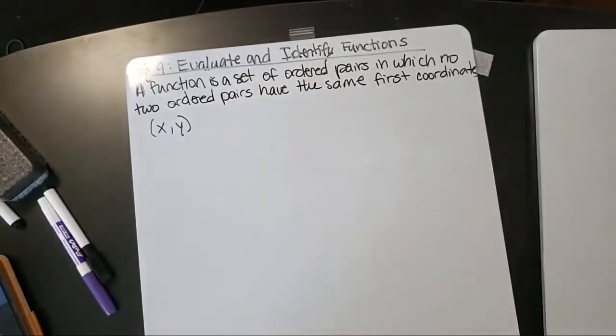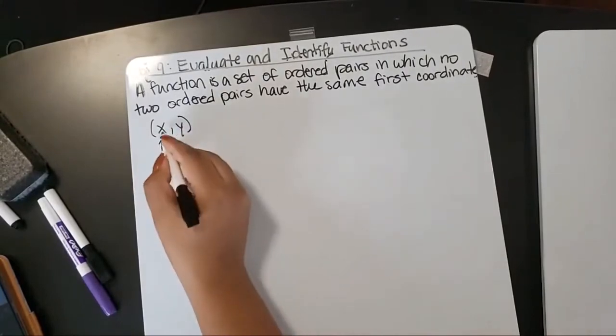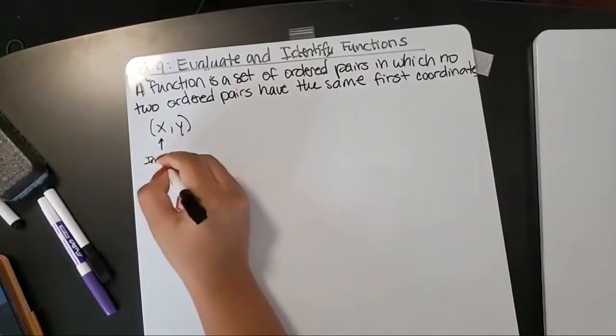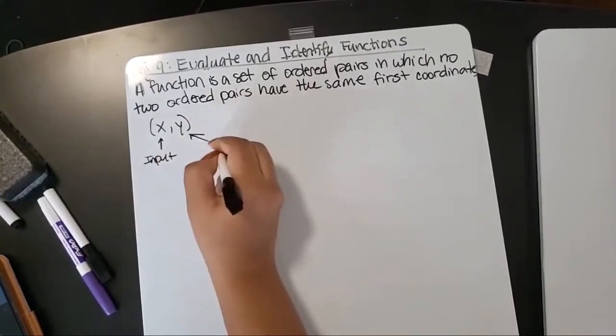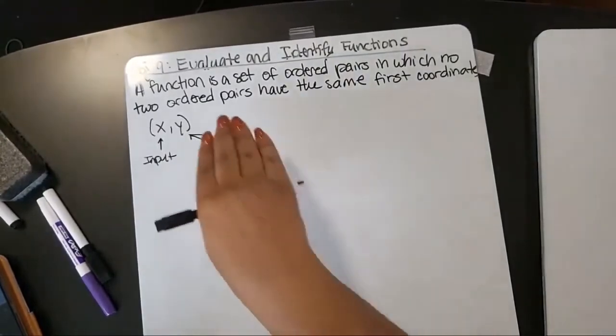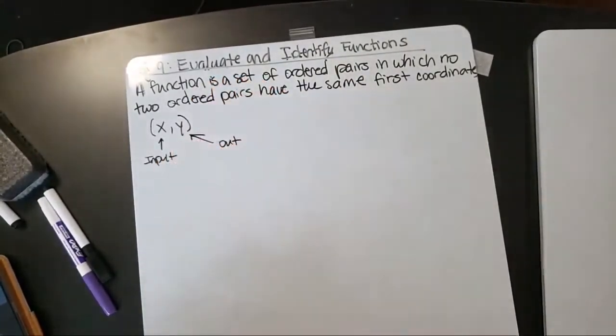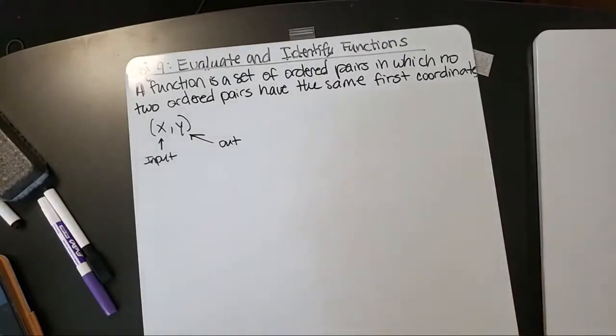So let's look at some examples. First, a very important thing that I want y'all to understand is that the x term is the input, the y is the output. Because in this objective, remember, we're going to be evaluating functions as well. So I want you guys to understand the parts of the ordered pair and how they relate as far as a function.